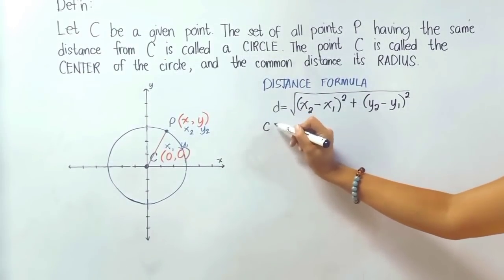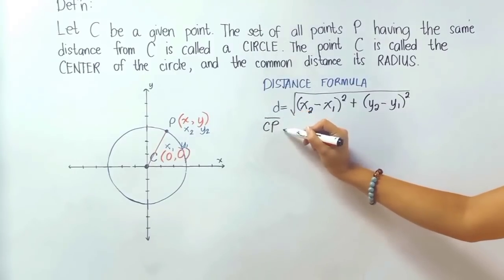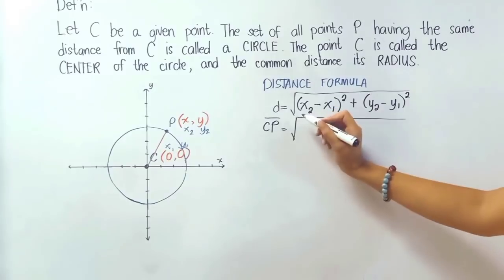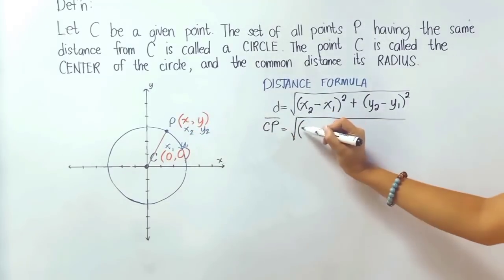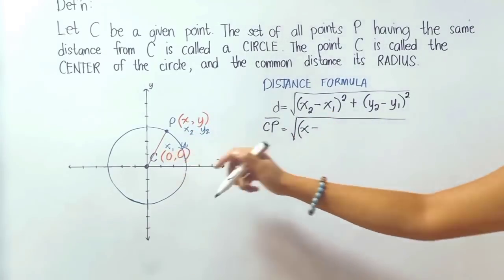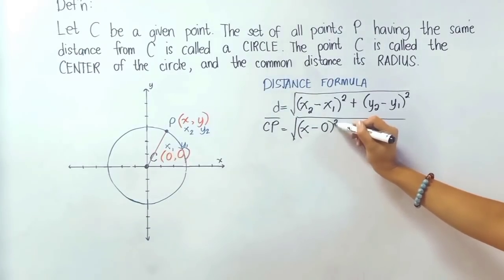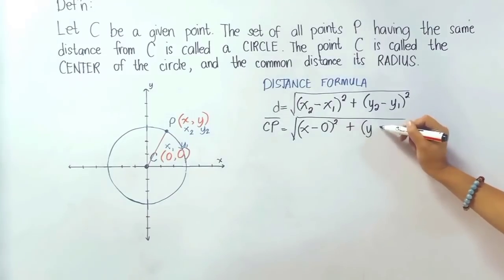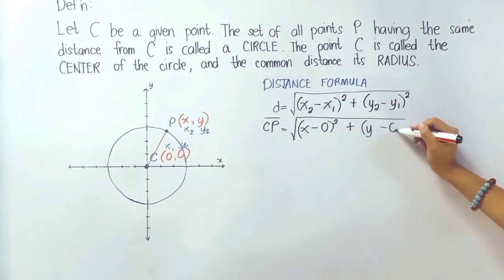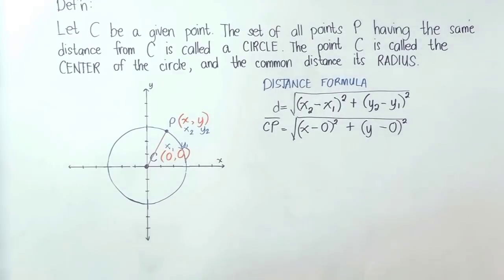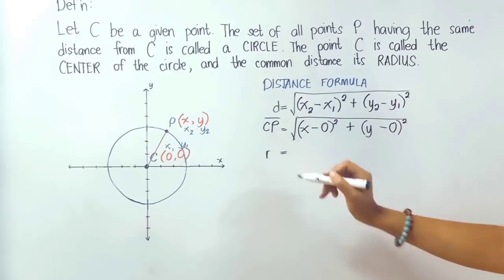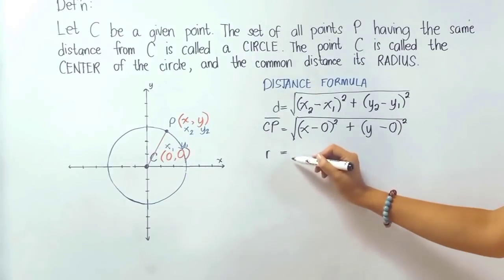So to get the distance of line segment CP, we'll simply substitute the values here. So it's the square root of x sub 2 is x minus x sub 1 is 0, quantity squared, plus y sub 2 is y minus y sub 1 is 0, quantity raised to 2. Now remember that line segment CP is our radius.